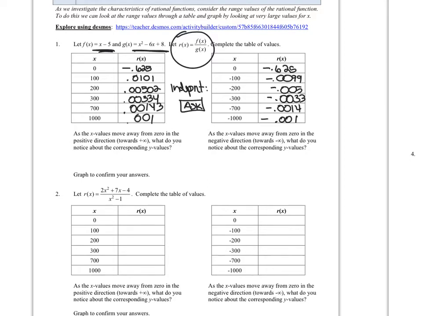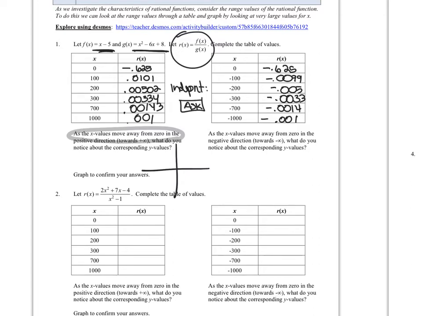Okay, so these should be your table values. What it's asking us to do is, as the x values move away from 0 in the positive direction, if you're picturing your x-axis and your y-axis, to pay attention to what our y values are approaching as x gets bigger.